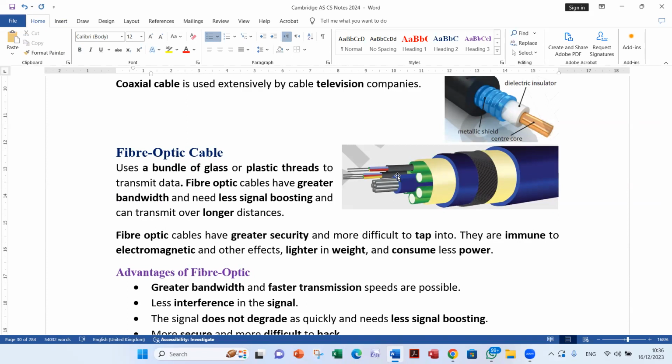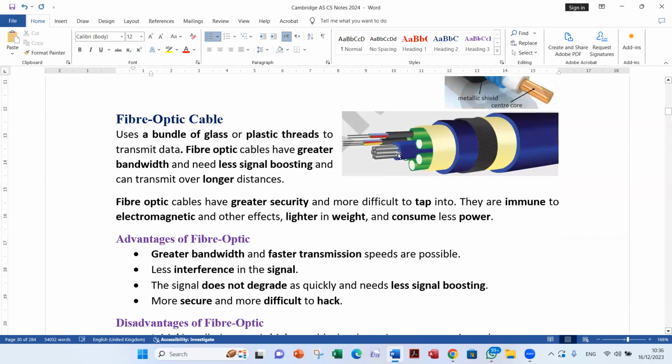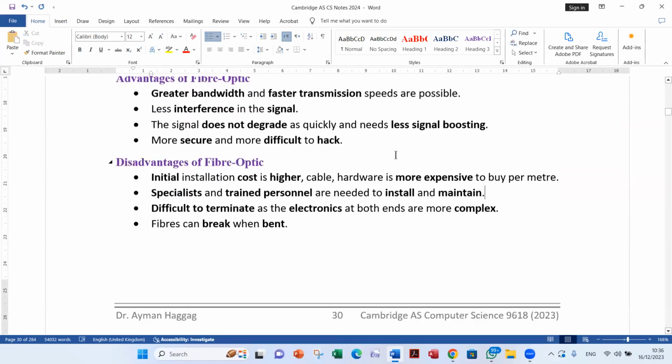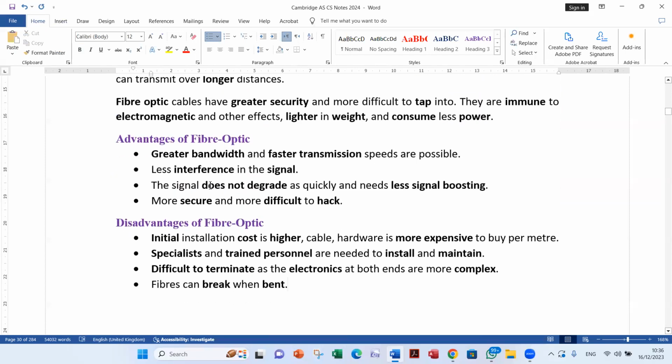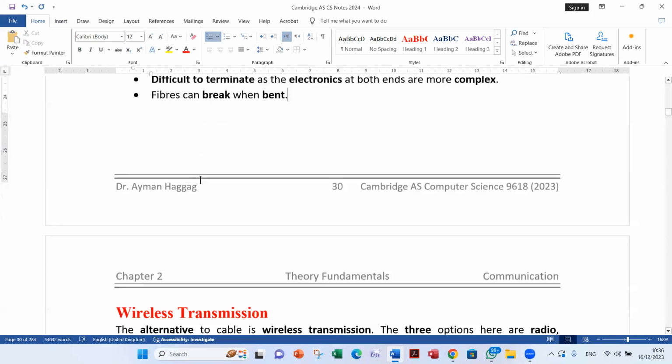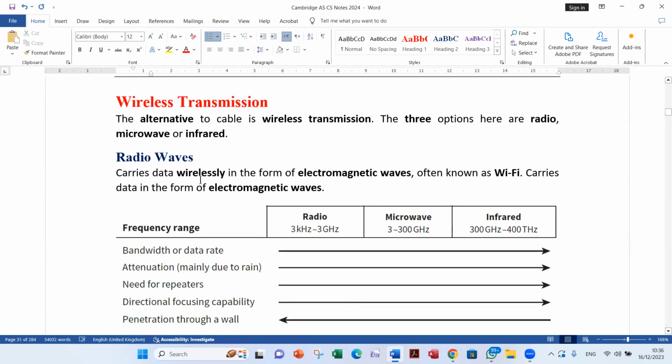Making a connection between the cable and the device. Making a connection between the cable and the device is very delicate and is very complex. Fibers can break when bent. Okay, so as you can see, now I think in the exams they ask quite often about fiber because it's a new technology. It is a technology that will be extensively used in the future.